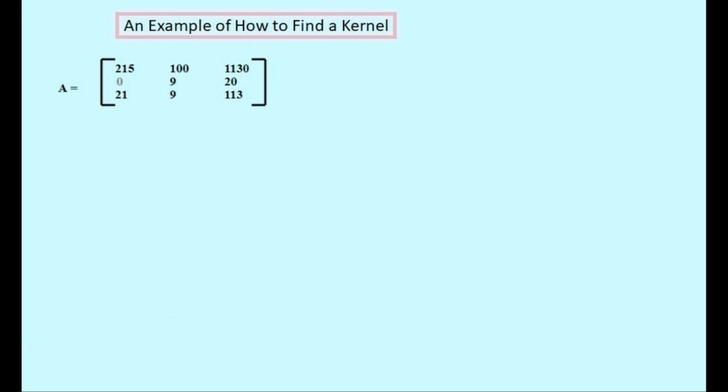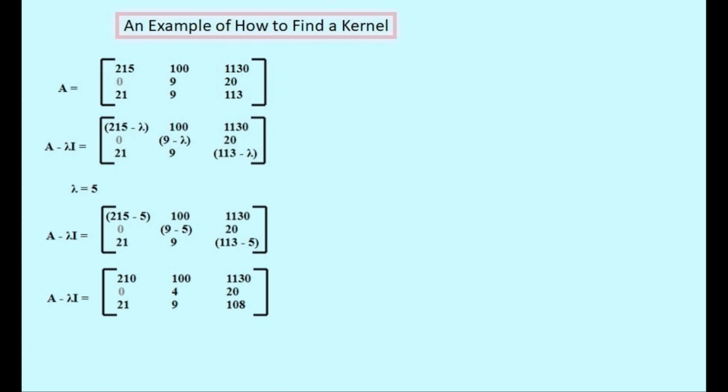Here is an example of a matrix that we're trying to find the eigenvectors of. So one of the eigenvalues is equal to 5. This is the 0 matrix corresponding to lambda is equal to 5, which we're trying to find the eigenvectors for. So this value of 5 is subtracted from the diagonal elements of this matrix.